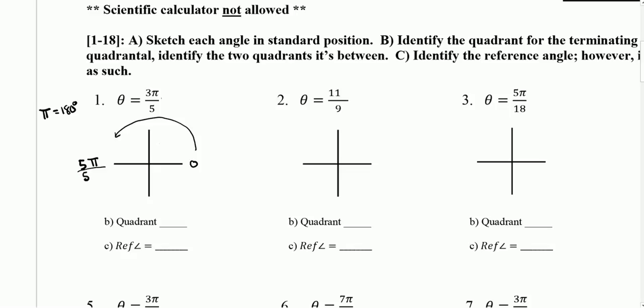So 3 pi over 5 is less than 5 pi over 5, but 3 is closer to 5 than it is to 0, so we know we're going to be somewhere in quadrant 2.